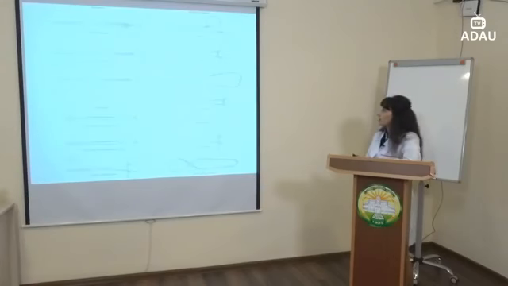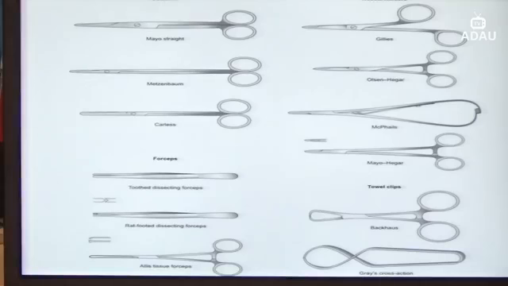Here we can see different types of needle holders: on the right side, the first, Gillen's needle holder, then Hegar needle holder, Mathieu needle holder, and Mayo-Hegar. Hegar needle holders are very useful. Why? Because they have two functions: the first is scissors, and the other a needle holder.